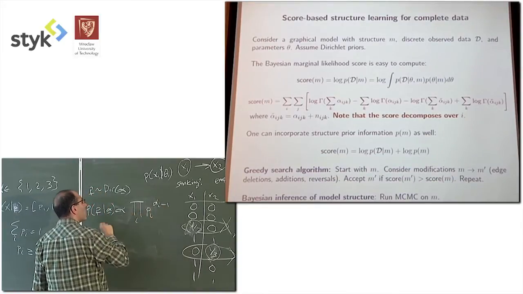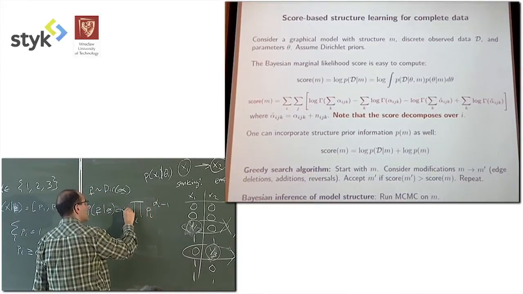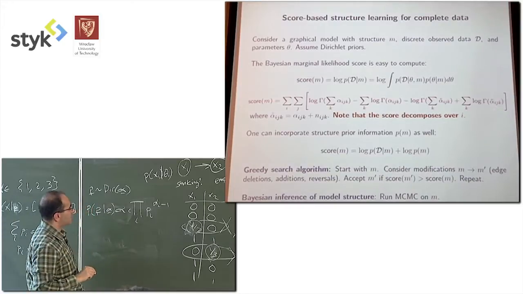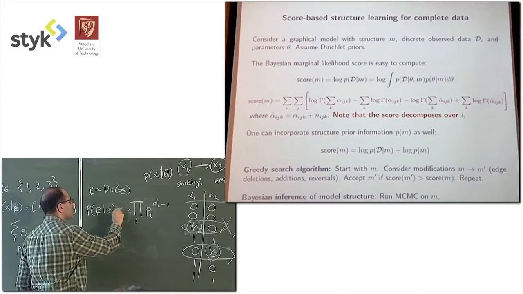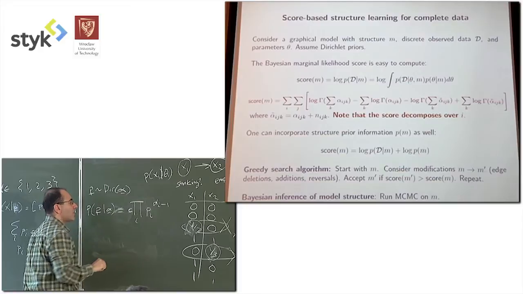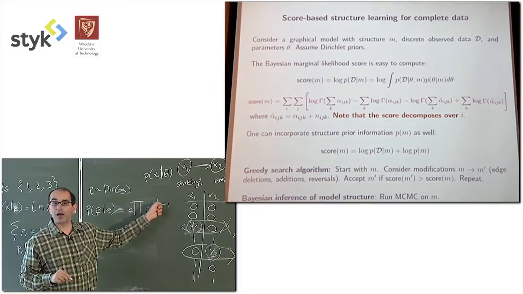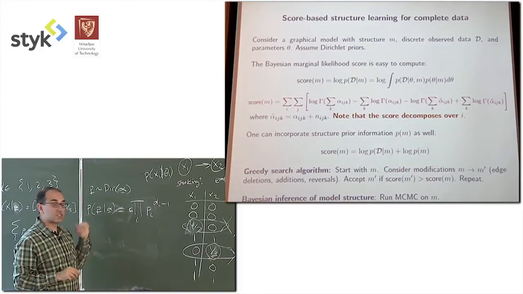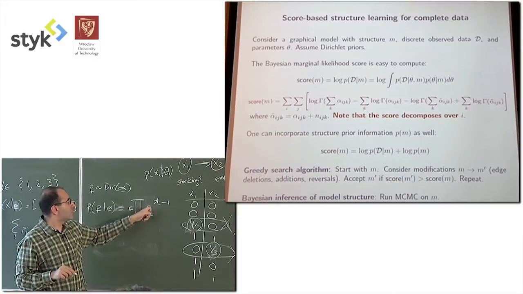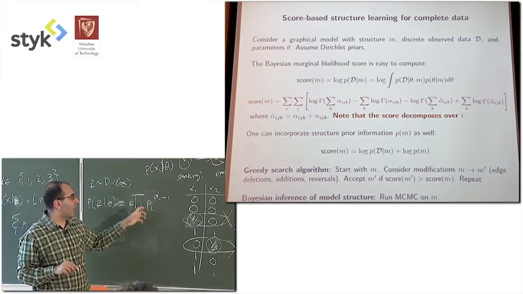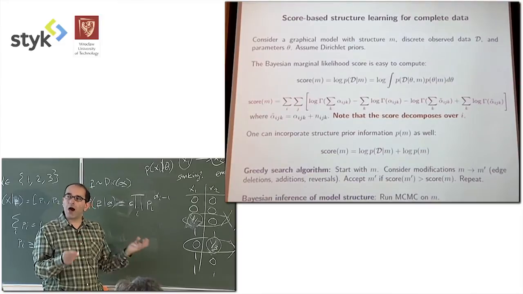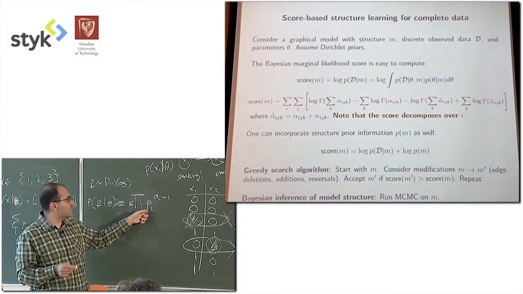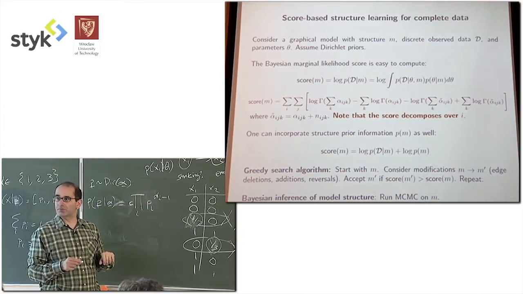This is just the form of the Dirichlet distribution. There is some normalizing constant, let's call it C. That's the expression for the Dirichlet distribution. What the alphas represent are, in a sense, pseudo counts of observations with each of these different values.